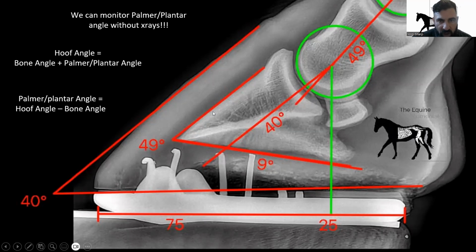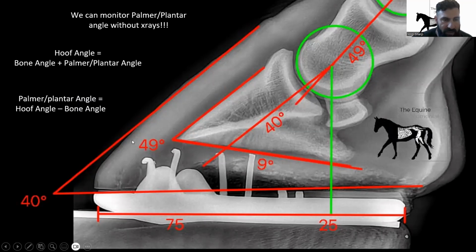As I said before, your bone angle plus your plantar or palmar angle equals your hoof wall angle, right? So if we know that our bone angle is 49 degrees, your bone angle doesn't change unless you get demineralization of the bone. That means that our palmar or plantar angle equals our hoof angle, take away our bone angle, right?